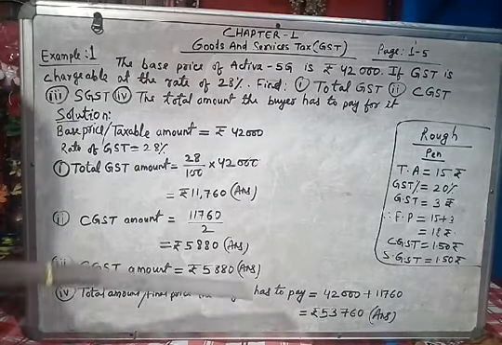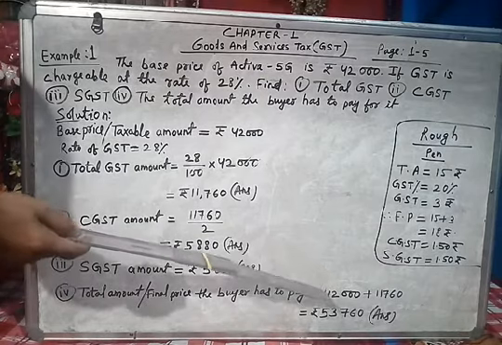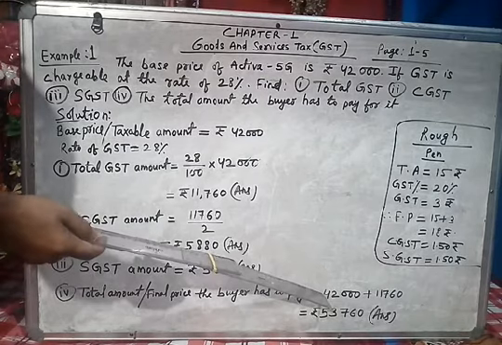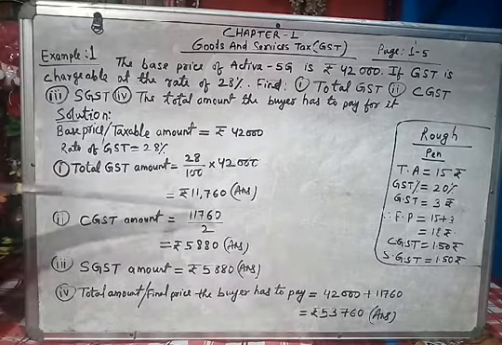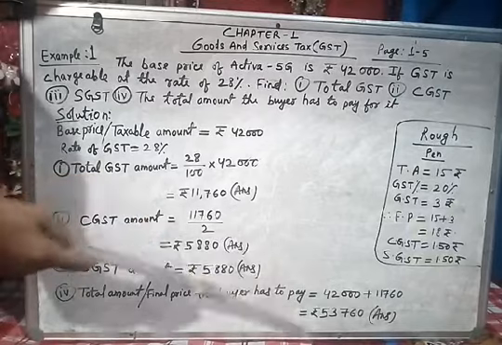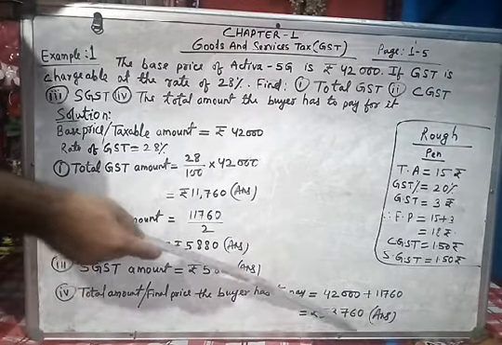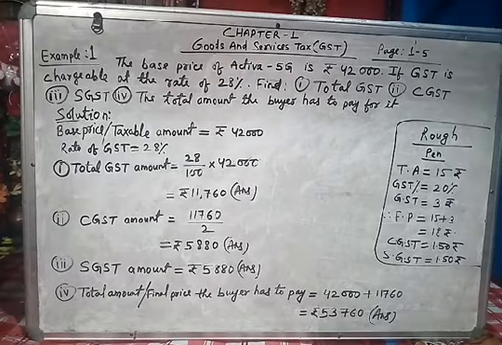Because we know how much tax we have to pay. So 42,000 is the base price or taxable amount, and 11,760 is the GST. If you add them, the answer is 53,760. So this is the final price that the buyer has to pay.